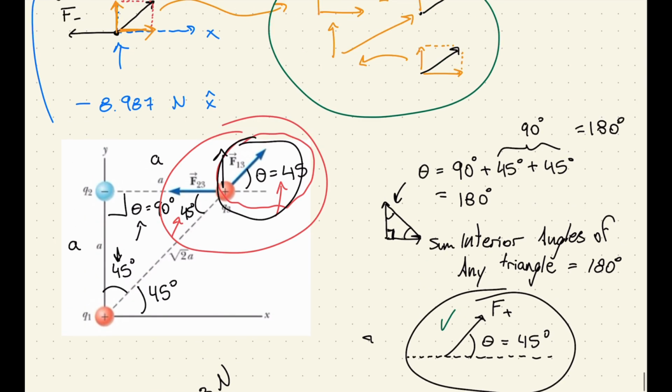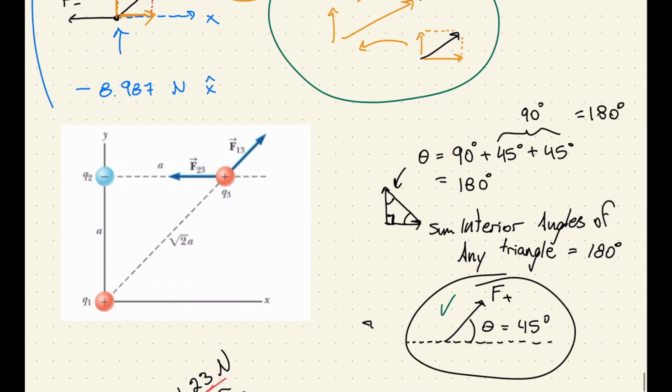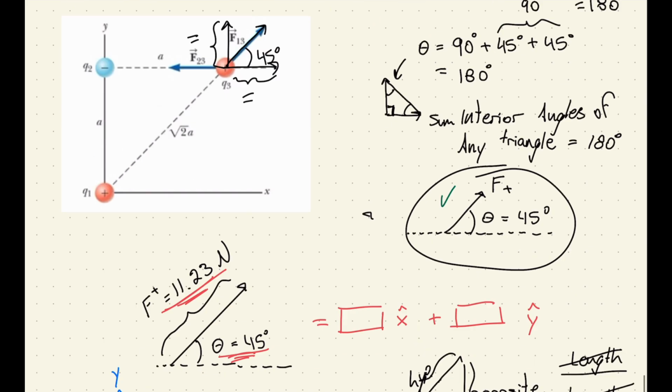Well, go back to the original thing we were looking for. I know this picture is messy now, but this is what we're looking at, this picture here. So if you take a look, this angle is 45 degrees. This vector is going up here. So if you break it down into its components, it's literally like a square. And the side lengths of a square are going to be equal. This is equal to this.